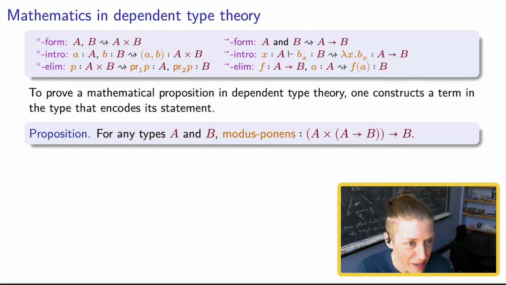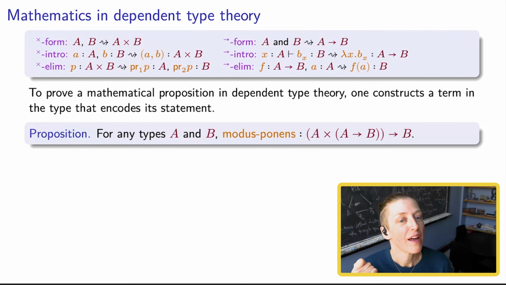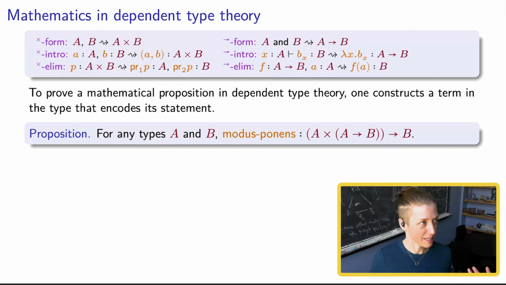And what I'm doing here is I'm recognizing that there's a very close relationship between the rules for the product type and the rules for the logical operation of conjunction, or and. So, if I'm thinking of a type as encoding a proposition, then a term of that type is a proof of that proposition.